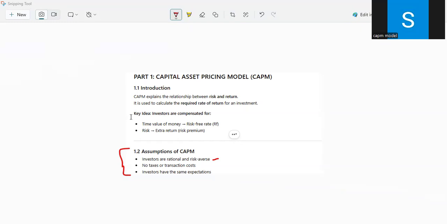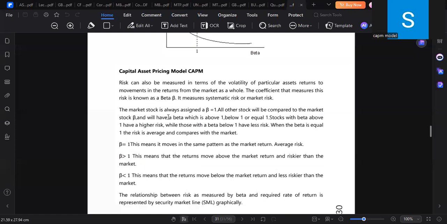Now, risk measures the degree of volatility of particular assets. And we have a coefficient called beta, which is a measure of risk. So when beta is equal to 1, it means that compared to the market stock, it's moving in tandem. If it's above 1, it means it's more volatile or risky.